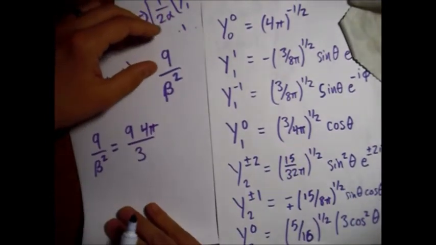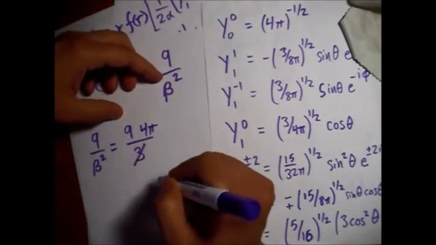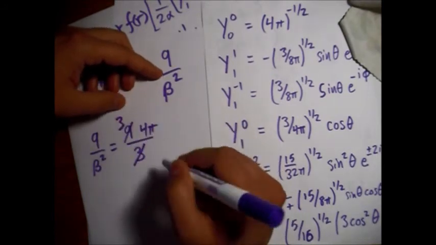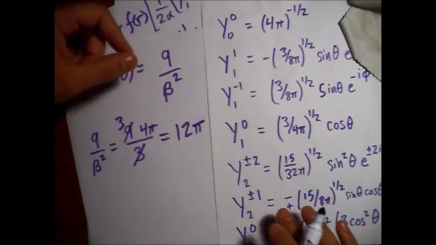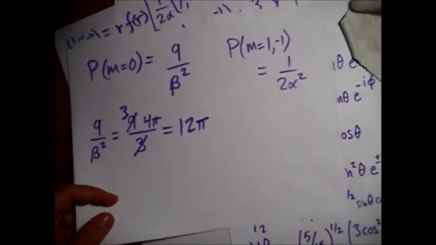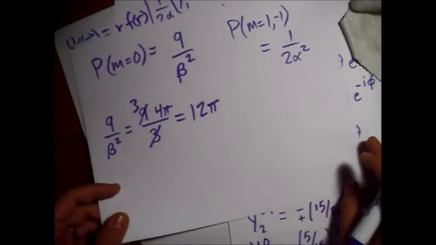Okay, so what we end up with is this divides out with this to get a 3 on top. 3 times 4 is equal to 12 pi. And again, this is a relative probability. We'll have to sum them all to 1, basically we have to normalize it.